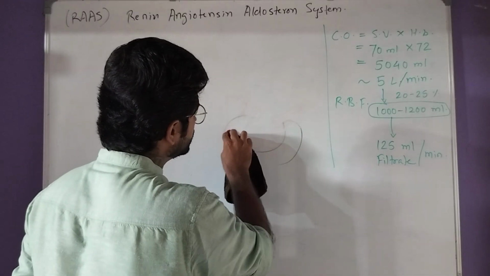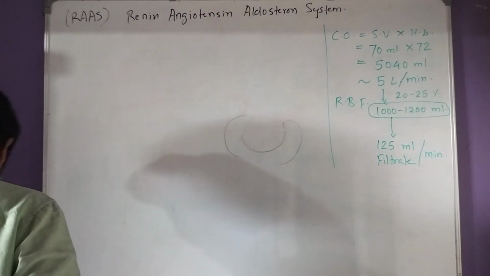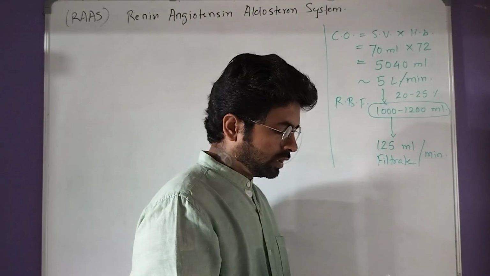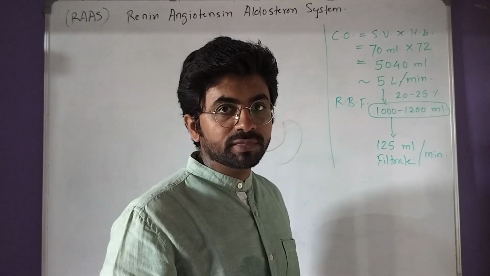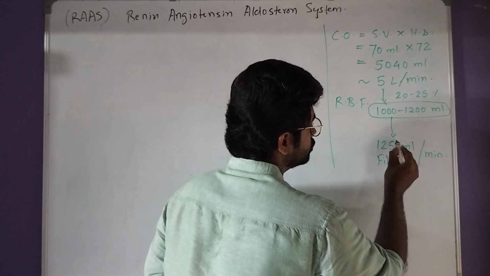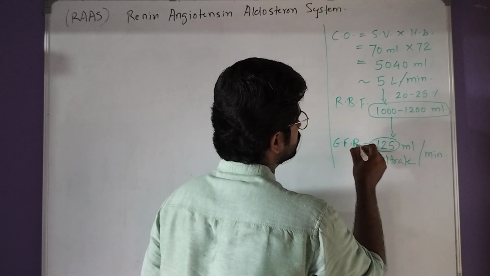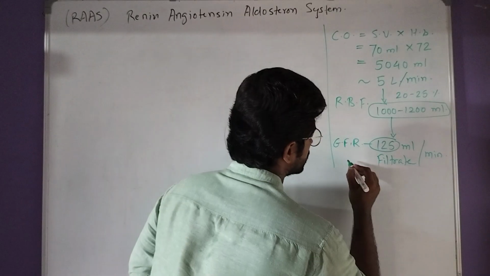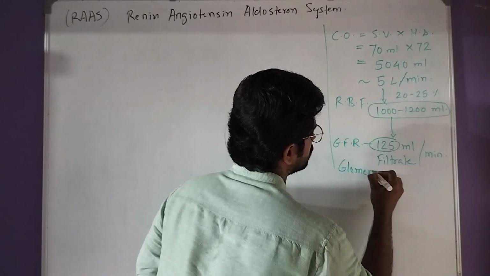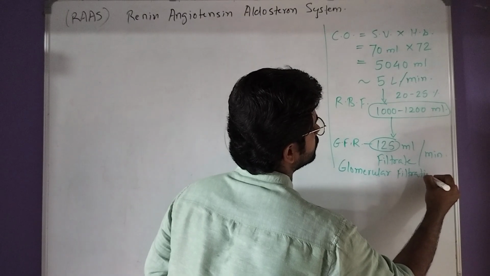Considering the location of the filtrate formation, ideally 125 ml of filtrate must be formed. But what if the GFR lowers down and reduces to 100 ml or sometimes 90 ml? That becomes your abnormal GFR. This is normal GFR, glomerular filtration rate.